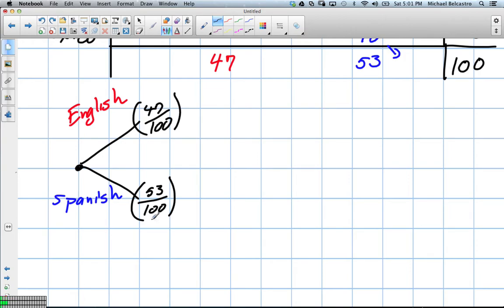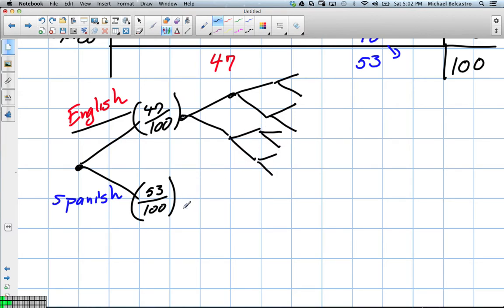Well, that's only for one person. What's the probability that you're going to draw 4 people in a row that speak English? Okay. Well, what that means is we're going to be following the same tree. So we'll go English, Spanish, English, Spanish, English, Spanish. Now, what I want to show you is that there are many answers to this, and there are many routes.